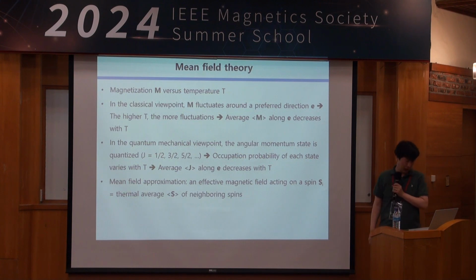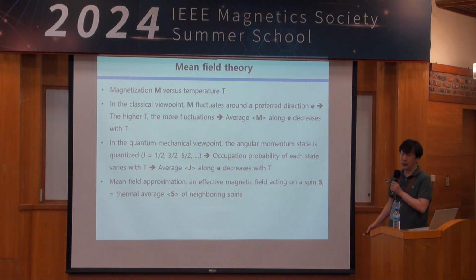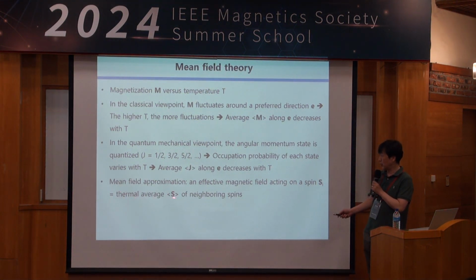And mean field approximation means that you consider the effective magnetic field acting on a spin S_i. Here i is the lattice index. That is corresponding to the thermal average of S of all neighboring spins.